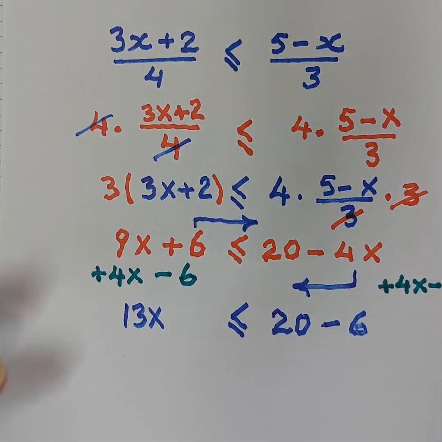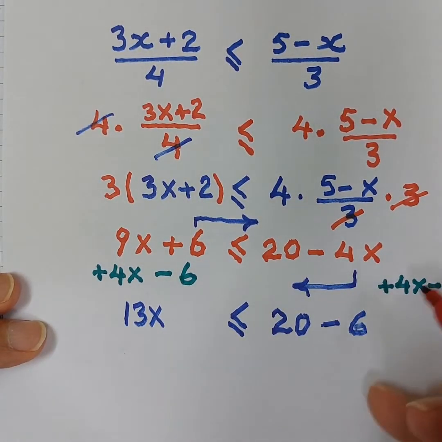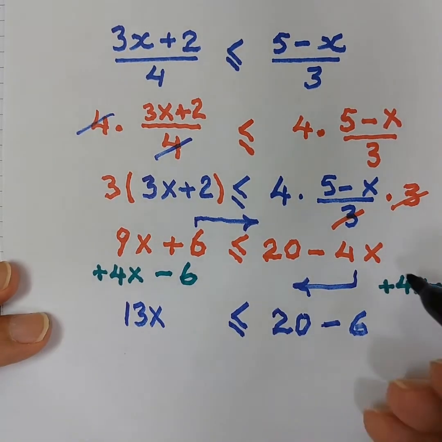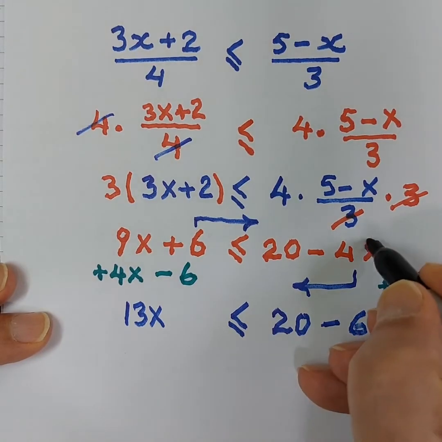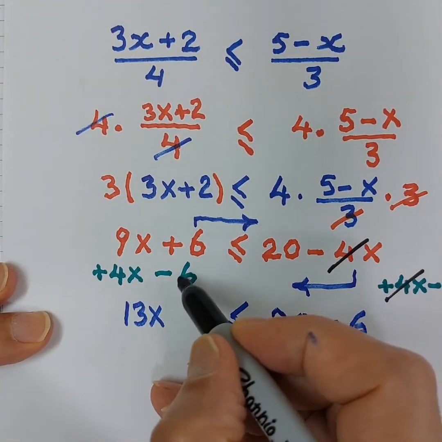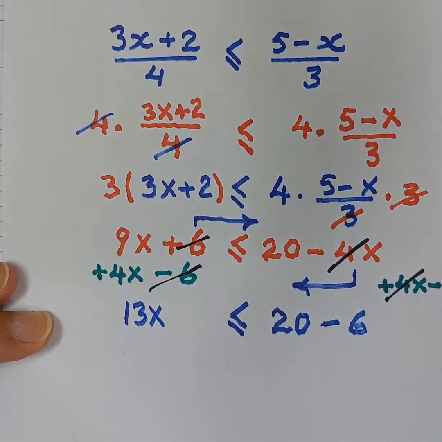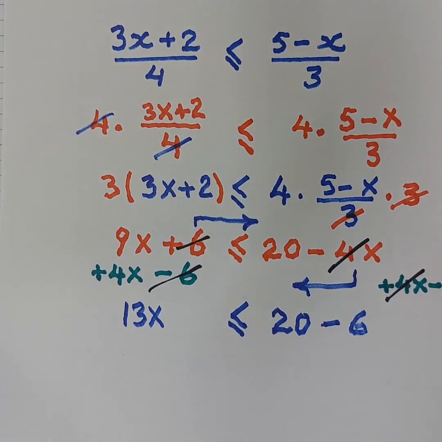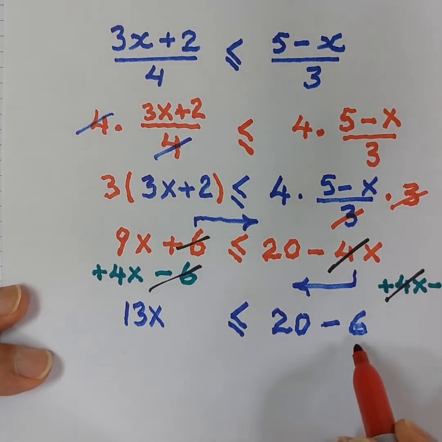And the result for this is cancellation. We canceled negative 4x with positive 4x. We canceled this and this, and we canceled this and this. So this is the result after cancellation.